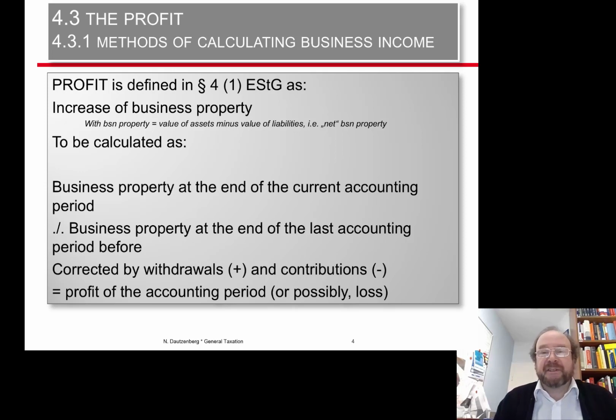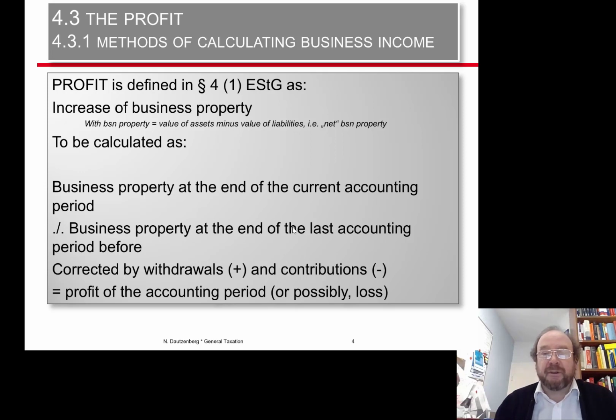And the calculation is just done plain and simply by comparing the net business property, which results from your balance sheet at the end of an accounting period, with that net business property which you had at the end of the last accounting period, and that difference is then corrected by withdrawals and contributions.